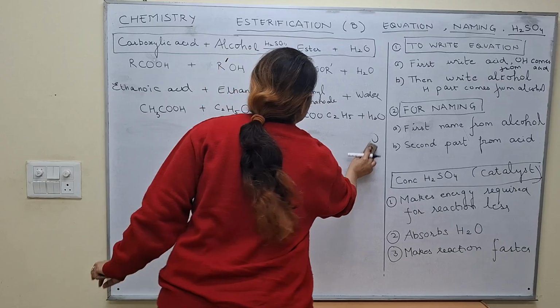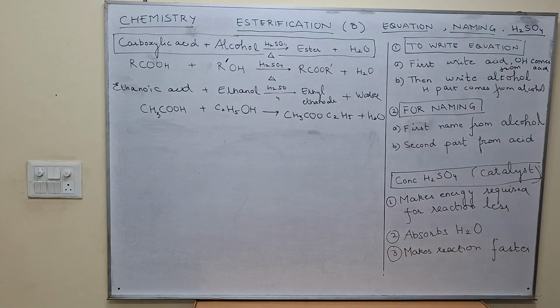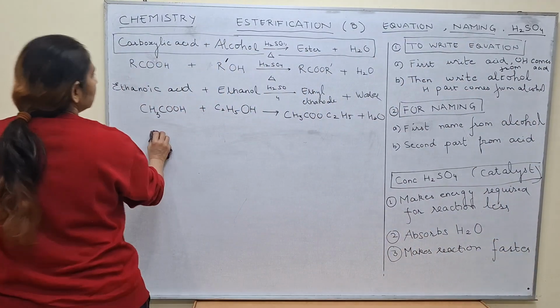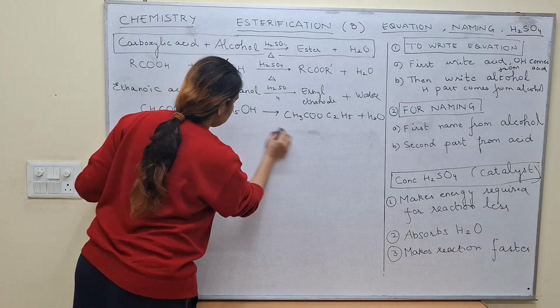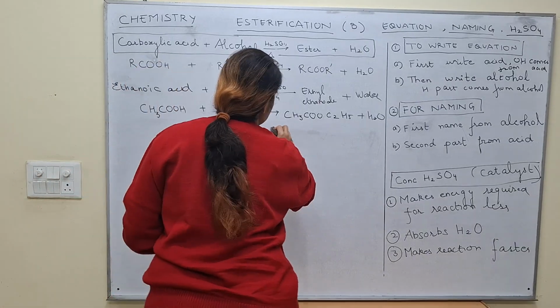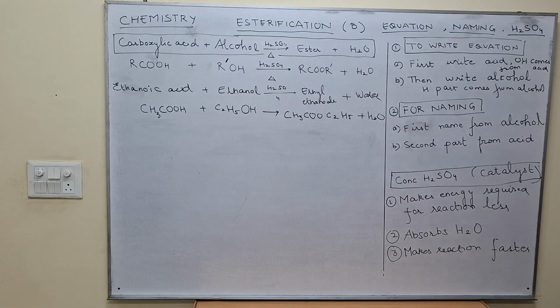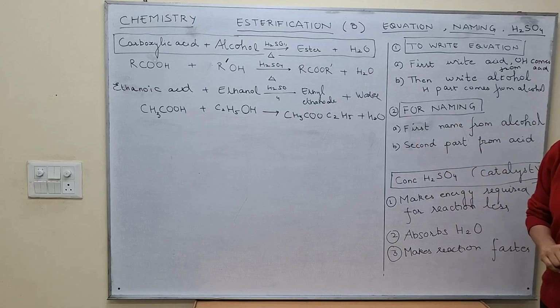Okay, now we'll come to the second point. साथ साथ ही कर लेते हैं कि इसका नाम कैसे ले. हमने इसका नाम इथाइल इथेनोएट लिखा. ये नाम आया कहाँ से? कहाँ है इथाइल, कहाँ है इथेनोएट? So let's understand that. अब इसका रूल क्या है? First take the name from the alcohol.